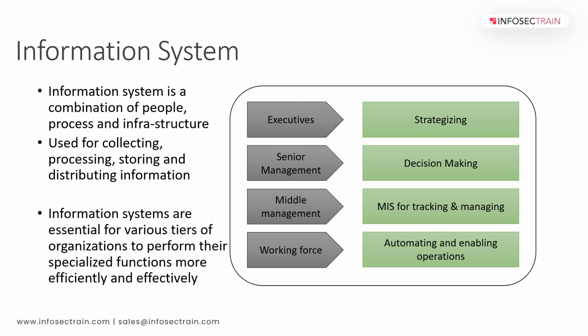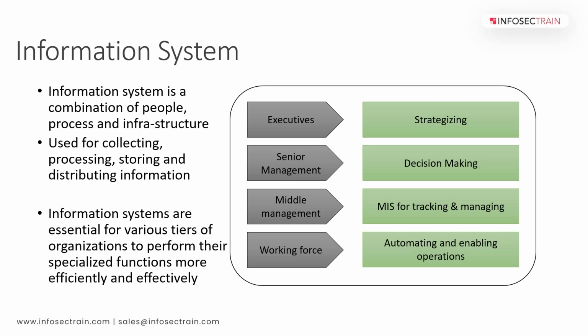But for the middle management, the same information lets them track and manage in a better way, because it talks about the quality results, the controls, the QC quality control activities that are happening, and what the results are. Based on the reports they get from the MIS, they should be managing the projects in a better way. That is the middle management advantage.